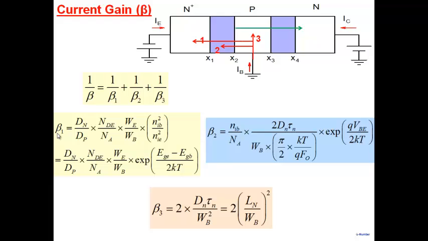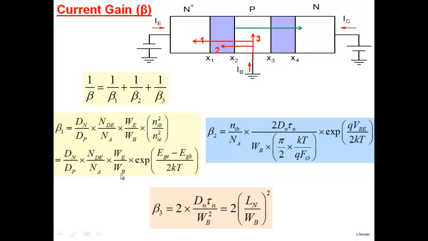One of the ways in which we could increase the current gain, note that the doping in the emitter is already very high, is to decrease the doping in the base, or decrease the base thickness here.